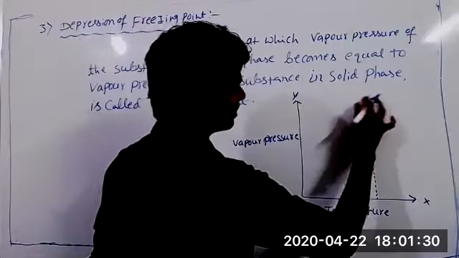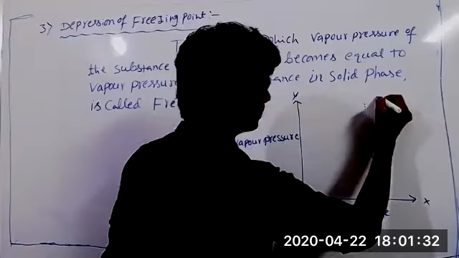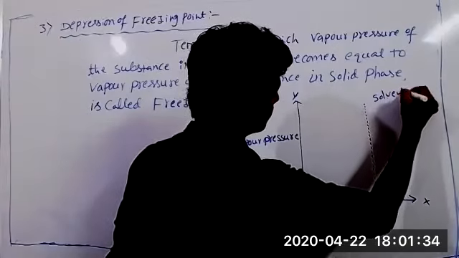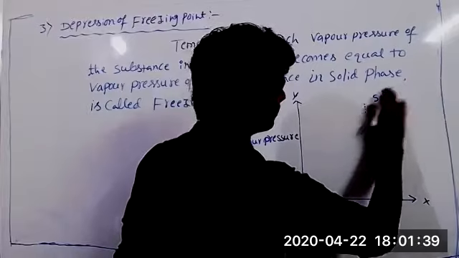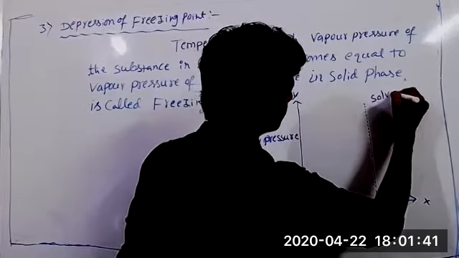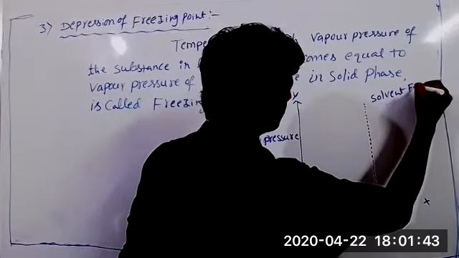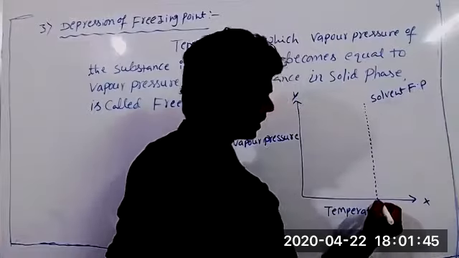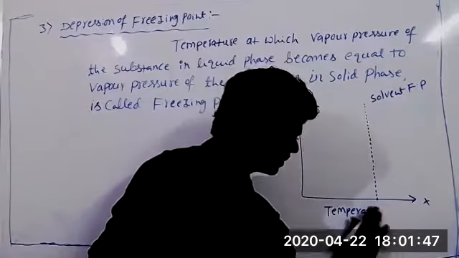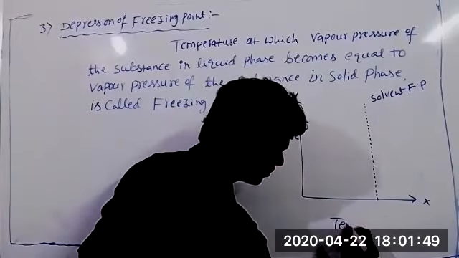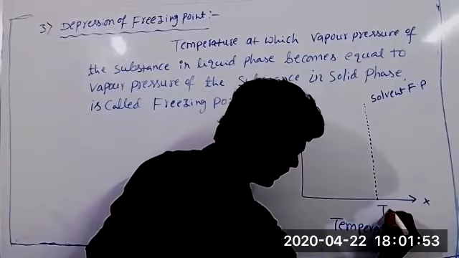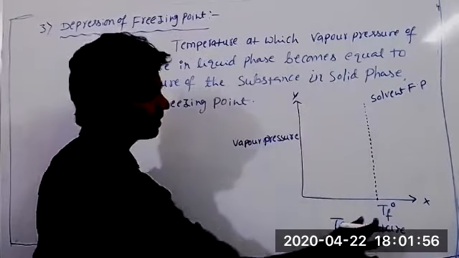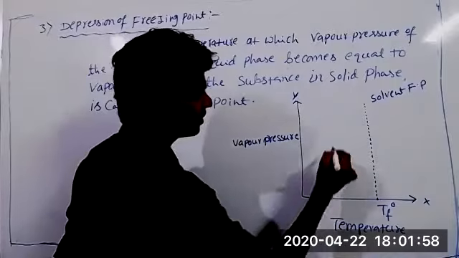This is the solvent. Freezing point. This is delta TF0, where F refers to freezing point.